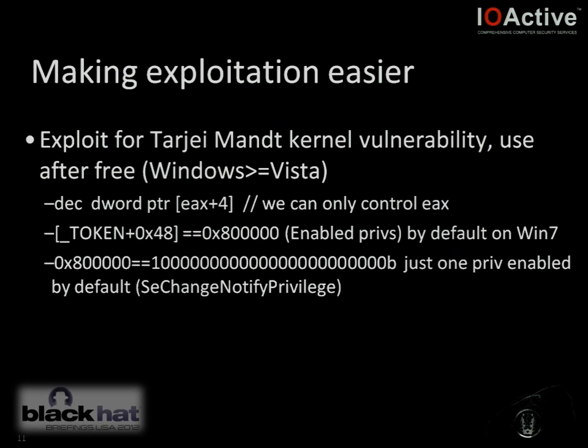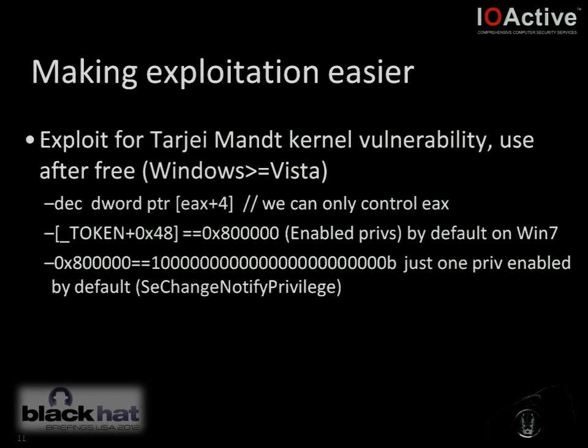If we translate that to binary, we can see that only one privilege is enabled by default, which is the change notify privilege, a privilege that almost any process in Windows has. It is the privilege to get notified when a registry, file or folder change happens. It's a very basic privilege that almost any process in Windows has. So by default, you have this value there.